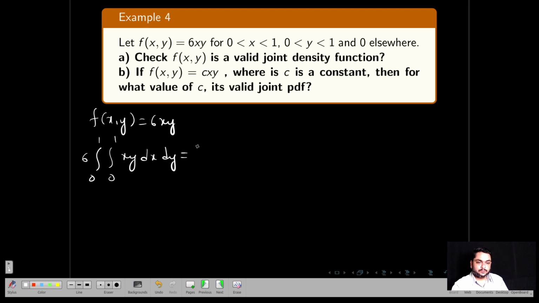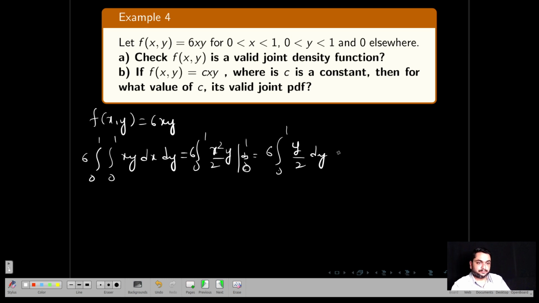So this is equal to 0 to 1, x square by 2 times y, then 0 to 1. This comes out to be 6, 0 to 1. So put the value here, it will be y by 2 dy.